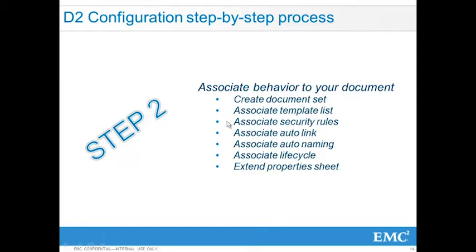We are also going to configure security rules, the auto-link functionality, as we've seen, to link documents automatically into the right folder structure, and auto-naming, to name documents automatically. Then we are going to configure a lifecycle associated to the document and enhance our property page by adding a lot of controls.